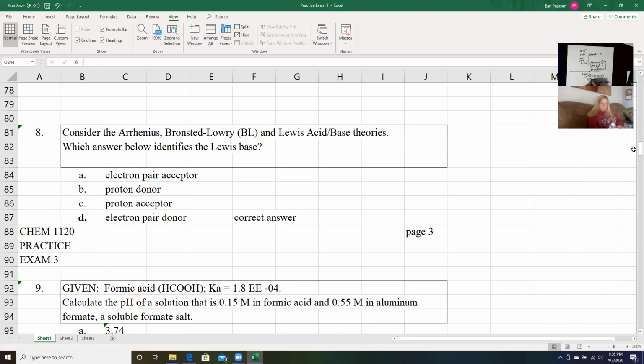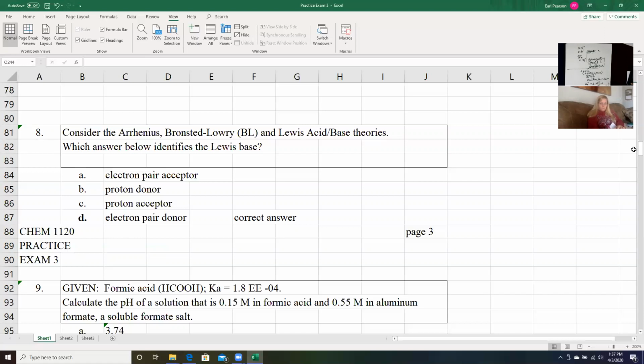So if ammonia attaches itself, for example, to a silver ion, Ag+, it will react with two ammonias and make the diamine silver complex, H3N-Ag-NH3 plus.